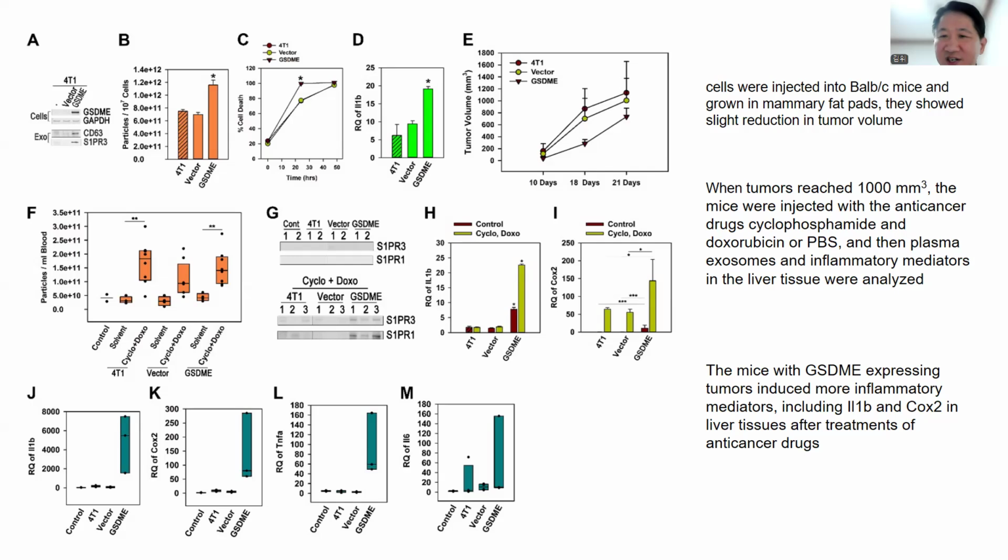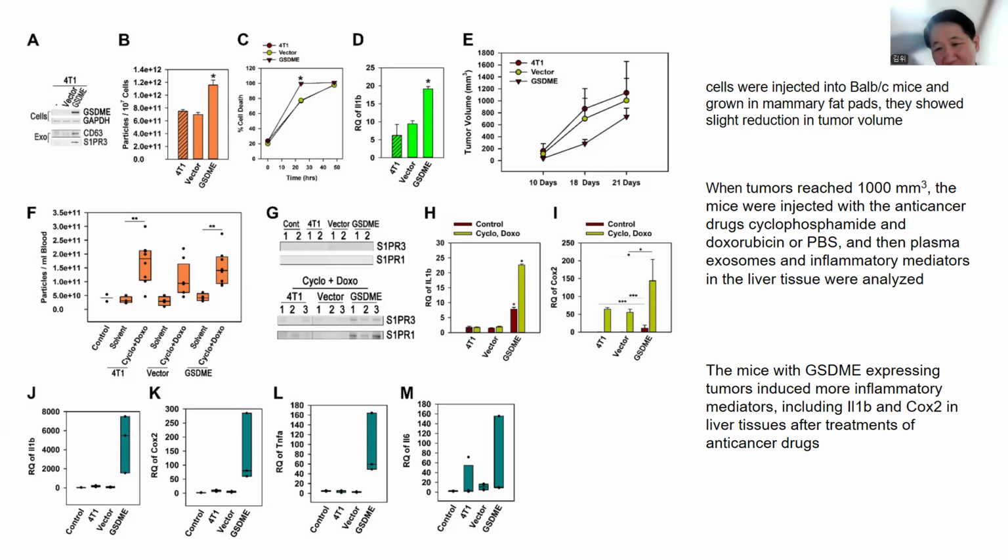If you have gasdermin overexpressed versus non-overexpressed, the non-overexpressed gasdermin biopsy model has more NK cell population than if you overexpress gasdermin. That's my observation when you do the experiment with gasdermin. Do you think so? Or no? Or both? I don't know.